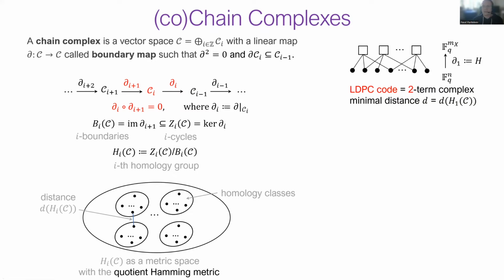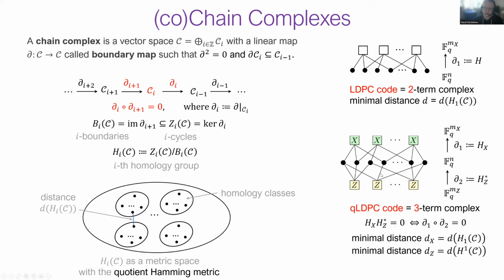And why are these chain complexes important? They're important because we can describe classical and quantum LDPC codes as chain complexes. In fact, classical LDPC codes can be just identified with a two-term chain complex, where one term corresponds to bits and another to checks.